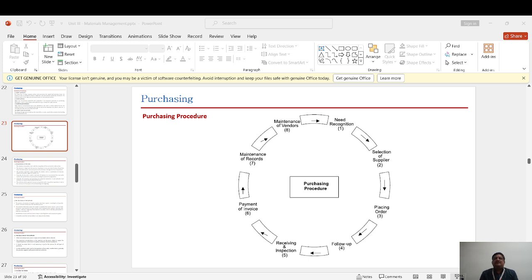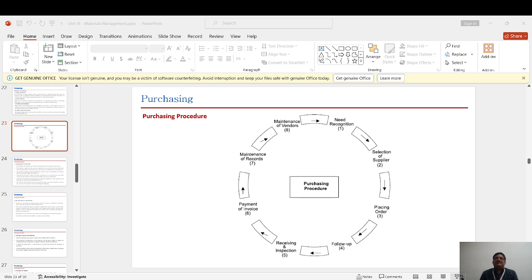Recognition of the needs. The initiation procedure starts with the recognition of the need by the needy sections. The requirements of all the departments are asked for and collected cumulatively, and then we place the order.